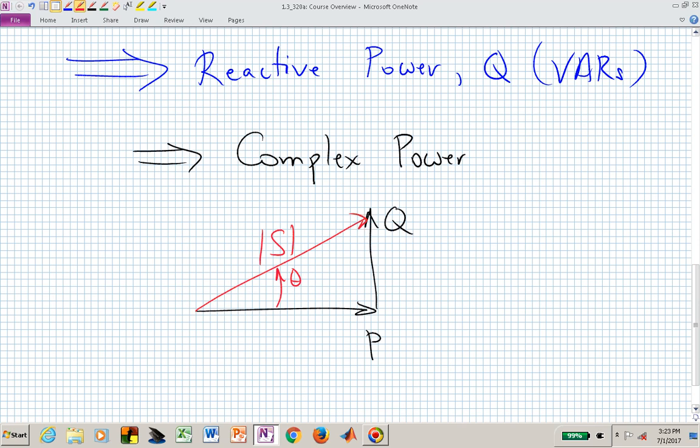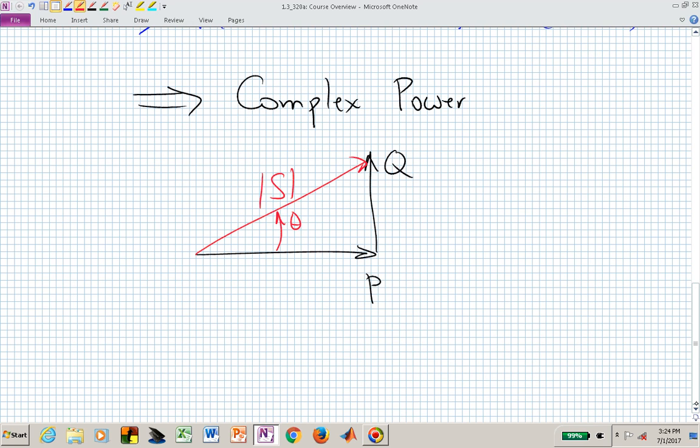What we want to do is understand how we work with complex power and how to reduce Q or make P more efficient in the problems we're working with.